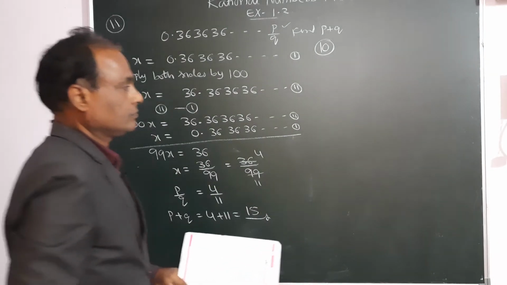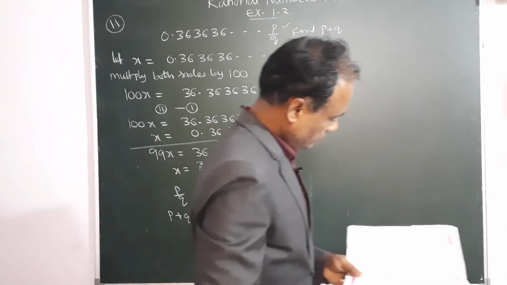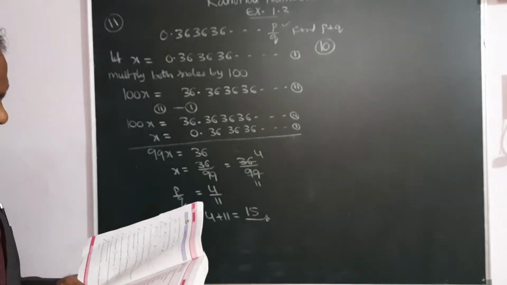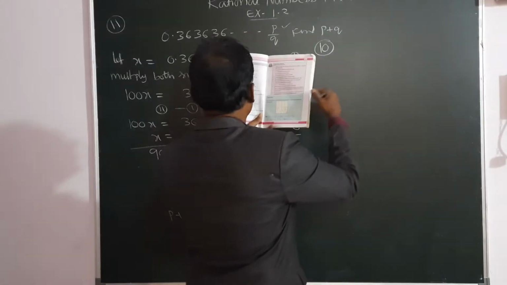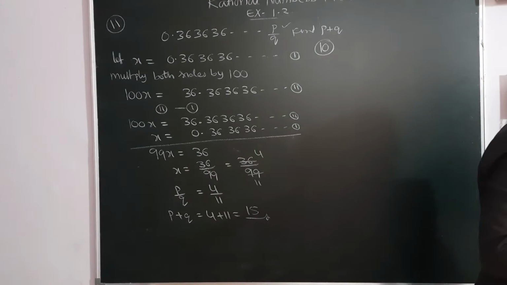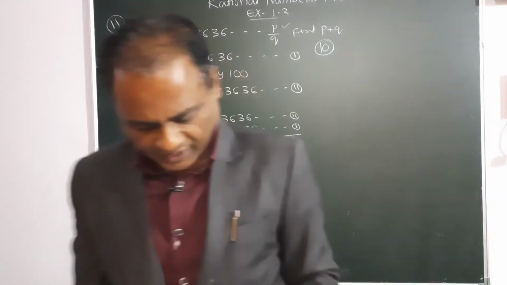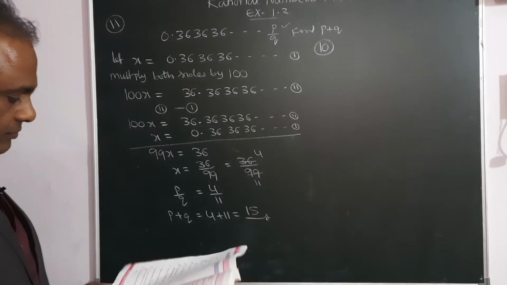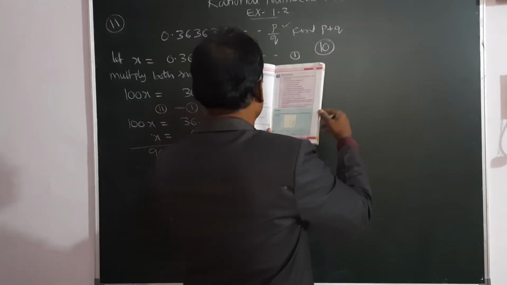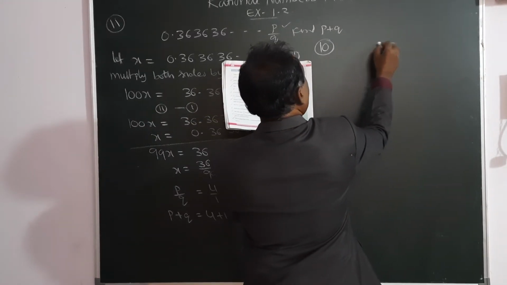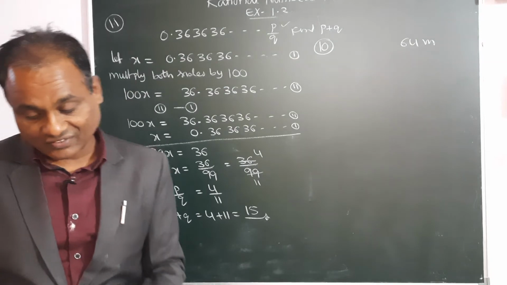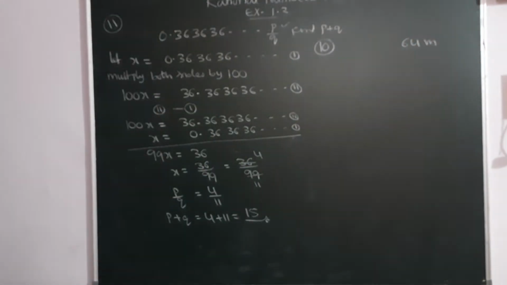Next, the 10th question. Write in the question: 36 trousers of equal size can be stitched with 64 meters of cloth.